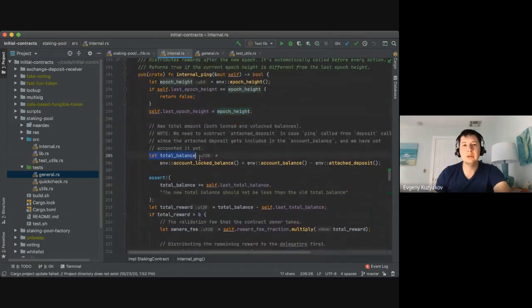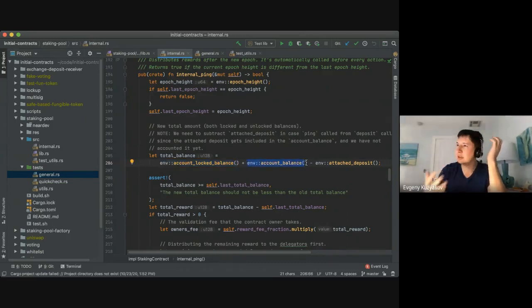We get the new total balance of the account. Ping may be called when some tokens were deposited through deposit balance, and they are already part of there, but ping is called before. So we need to subtract this balance before we distribute the rewards. So we get the total amount that the account has, including both locked balance and unlocked balance.